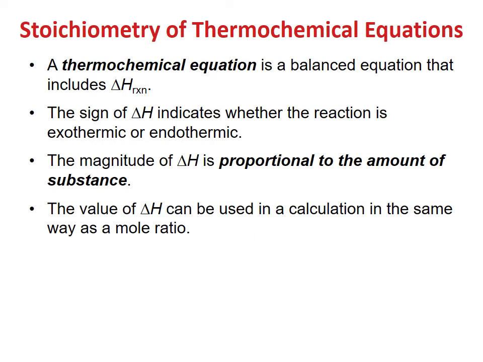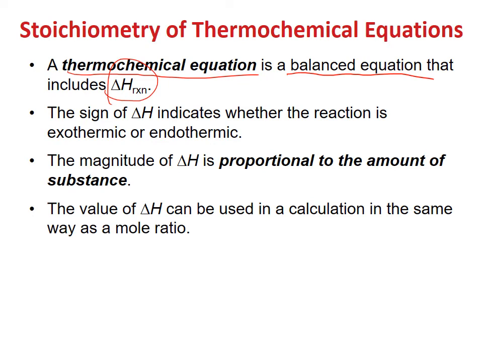You are familiar with the balanced equation as the stoichiometry to calculate between reactants and products. A thermochemical equation is a balanced equation that includes the enthalpy change. The sign of enthalpy indicates whether the reaction is exothermic or endothermic.